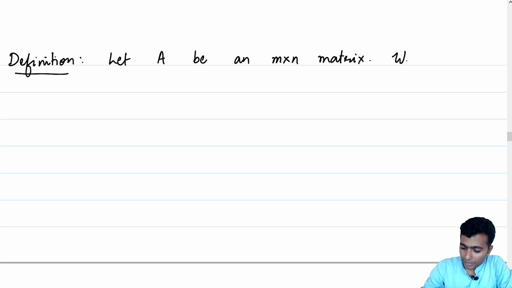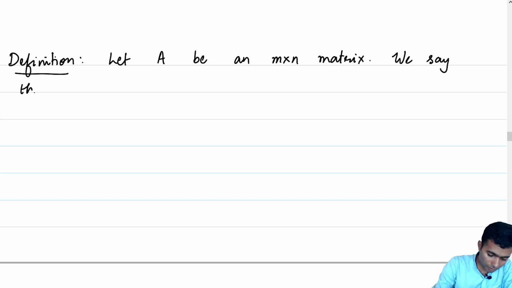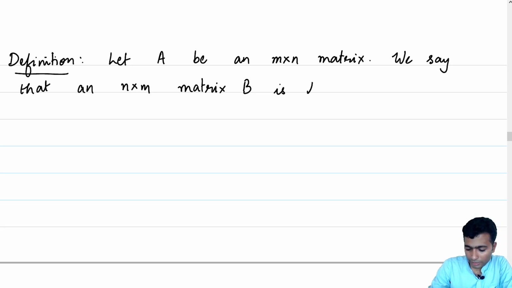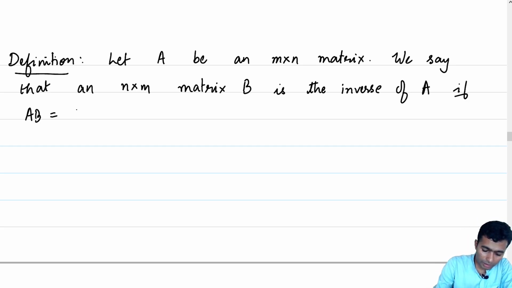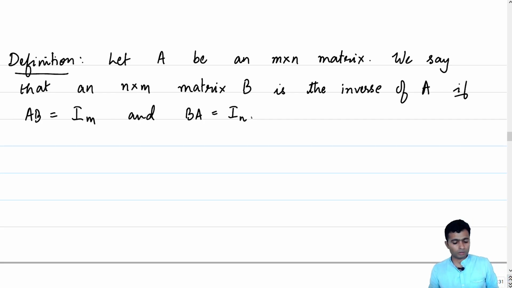We say that an N cross M matrix B is the inverse of A if AB is the identity matrix of size M and BA is the identity matrix of size N. So A is an M cross N matrix, B is an N cross M matrix.